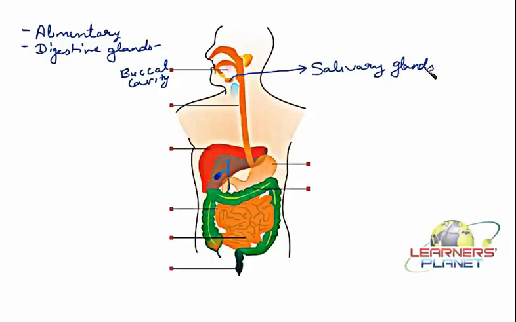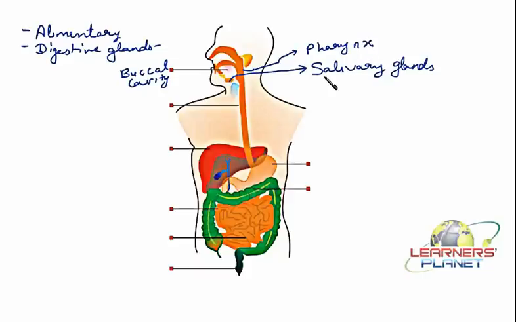Okay. Now, the buccal cavity leads further backside to the cavity which we call the pharyngeal cavity, or we can call that next part of the alimentary canal the pharynx, which lies just behind the buccal cavity, and we can say it runs towards the throat region. So this particular region into which the buccal cavity further opens is known as the pharynx.